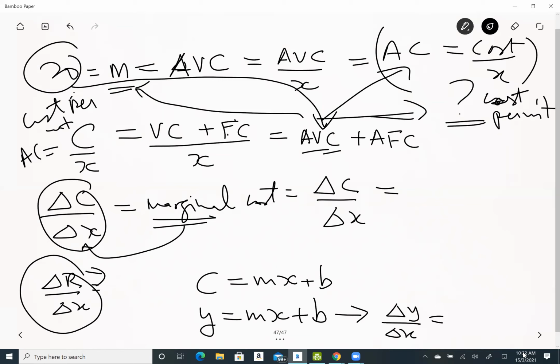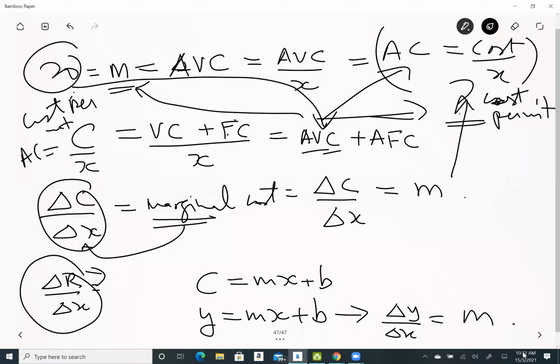The slope, M. So here, delta C over delta X, which is the marginal cost, is the M. The slope of the cost function is the marginal cost, and it happens also to be the cost per unit, because M is a constant.